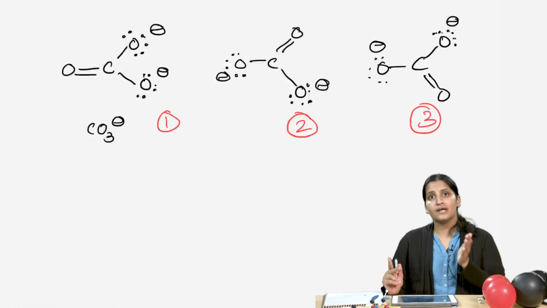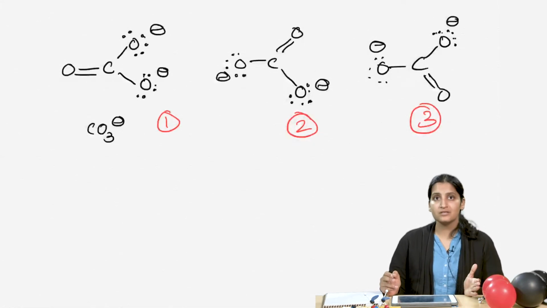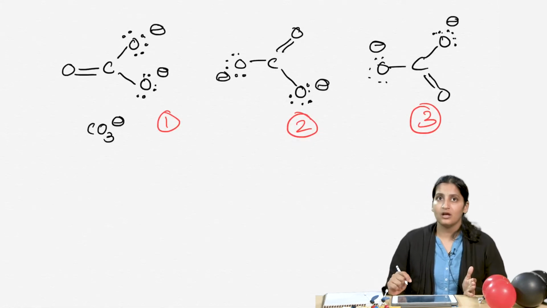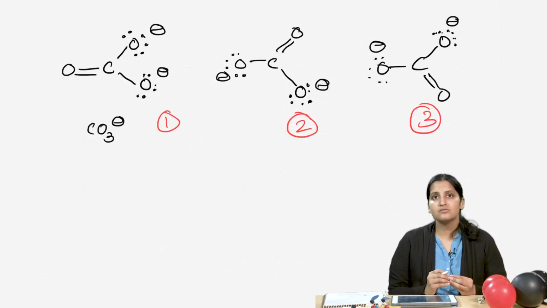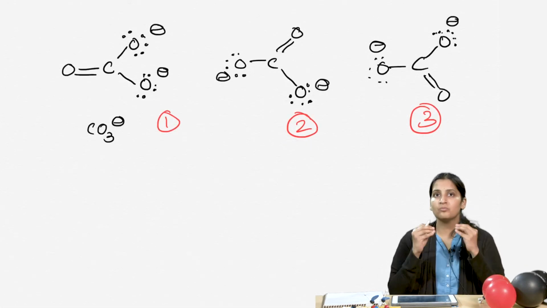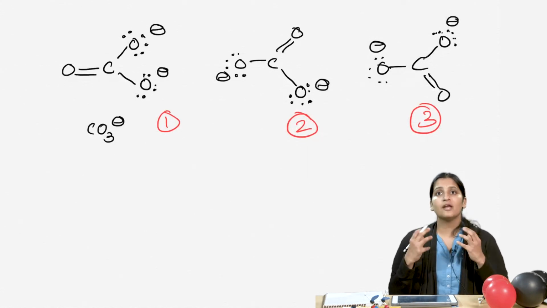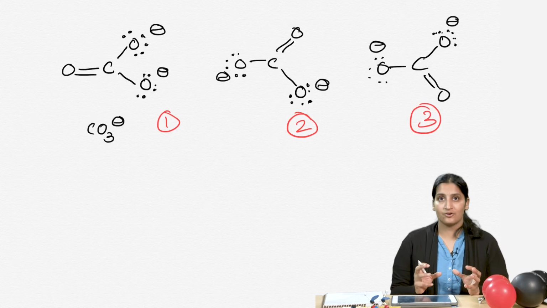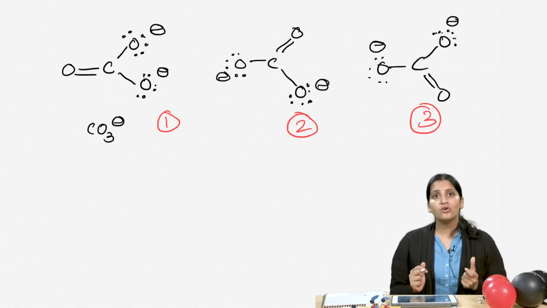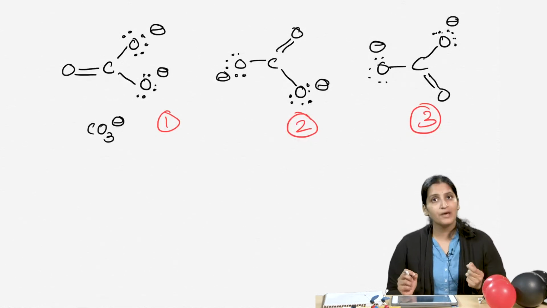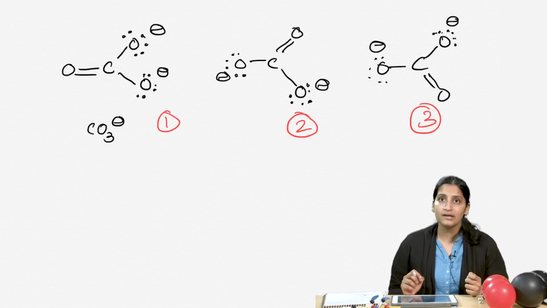Now, in order to draw correct resonance structures, one must remember a few rules. The first rule of resonance is that I am not allowed to move the atoms. What I am allowed to move are the electrons, and more often these are the lone pair electrons or the pi bond electrons.